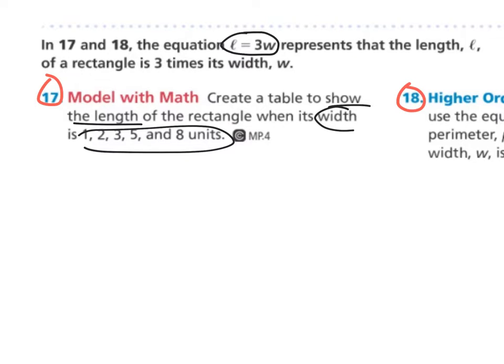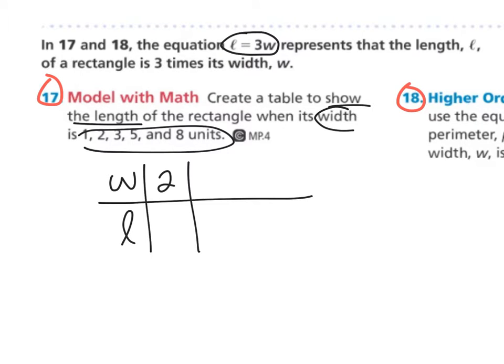So one way we could set this up, we could make our width be on the top, and the length be on the bottom. So the width is what we know, 2, 3, 5, and 8. And then we're trying to find the length. So the length is always 3 times the width.